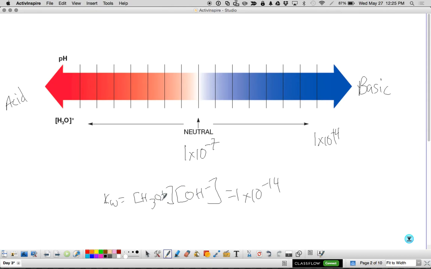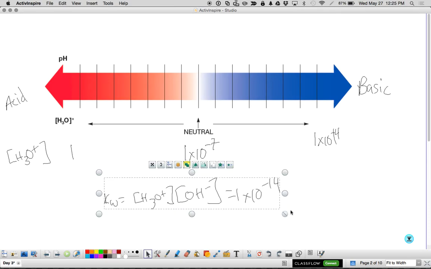And the counter to that is, well, the highest I could go would be 1, because if I make this 1, this would be 1 times 10 to the minus 14. So what I did over here was I said this was 1 molar, and I made that 1 times 10 to the minus 14. So this is concentration H3O+. All right.